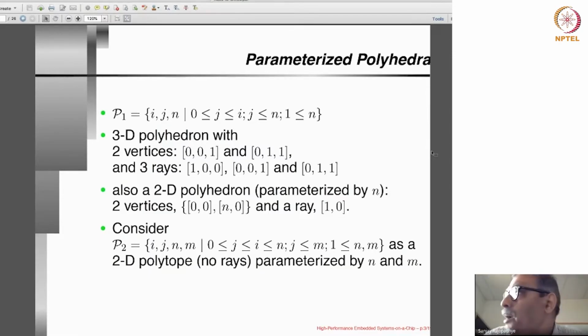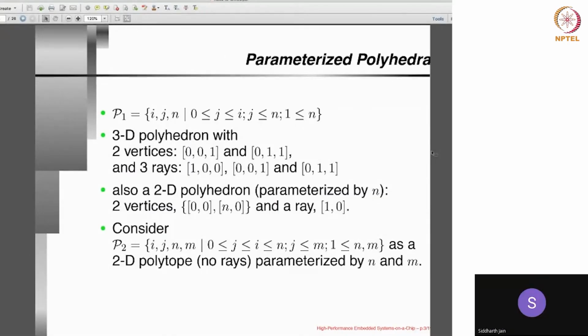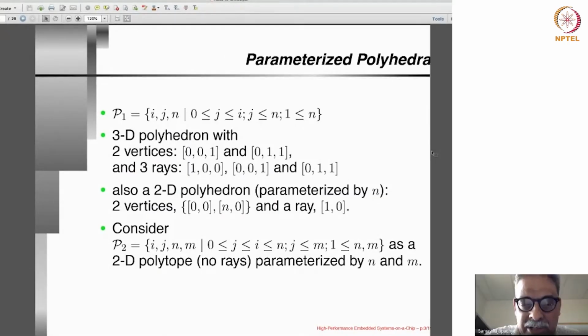What happens if m is greater than n? The intersection of the constraint j less than or equal to m and our triangle is just the triangle. It hasn't changed, right? So then I only have 3 vertices.